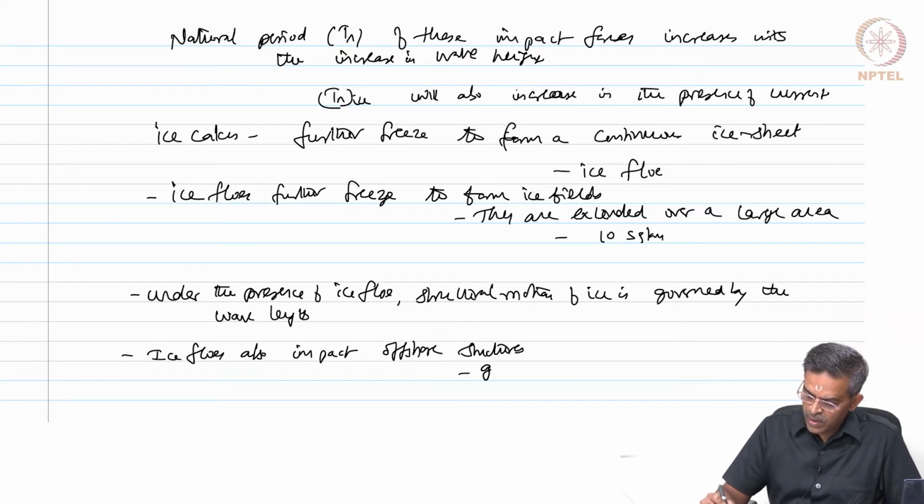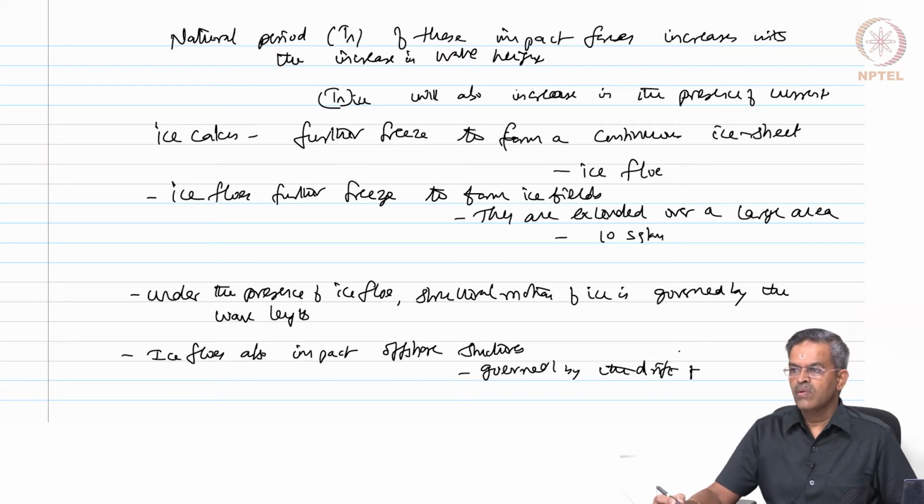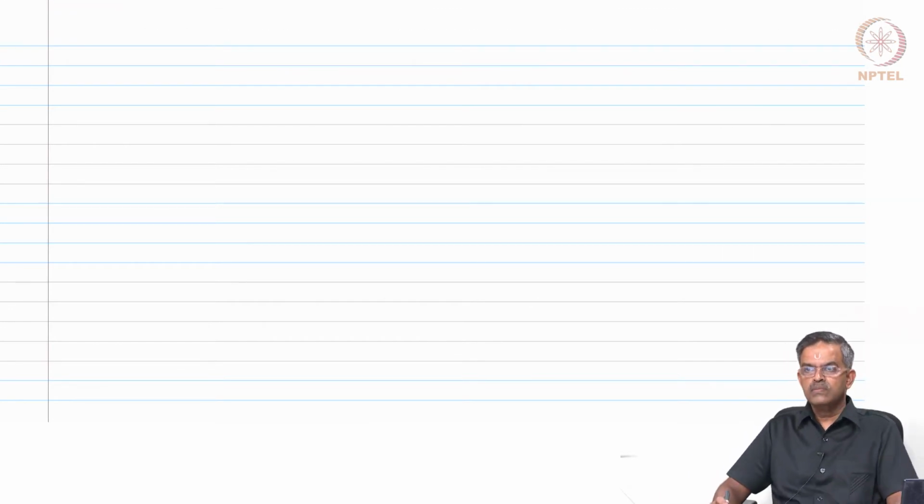They are governed by the drift velocity of ice. Continuous action of wind, wave and current transforms this ice sheet into pressure ice fields.